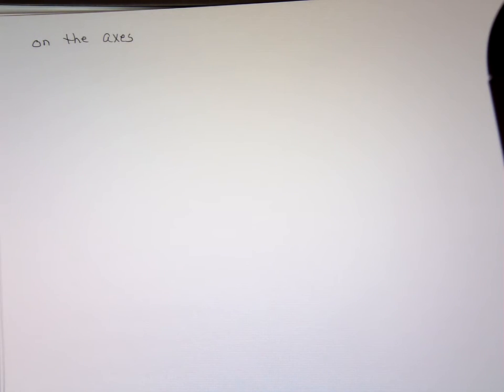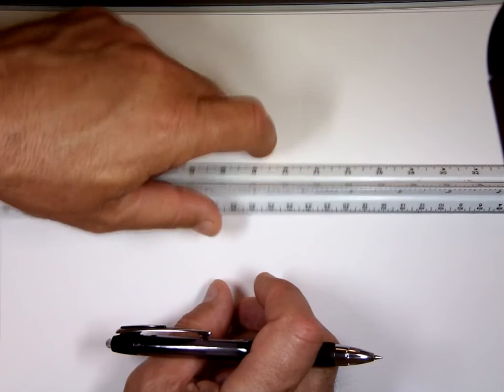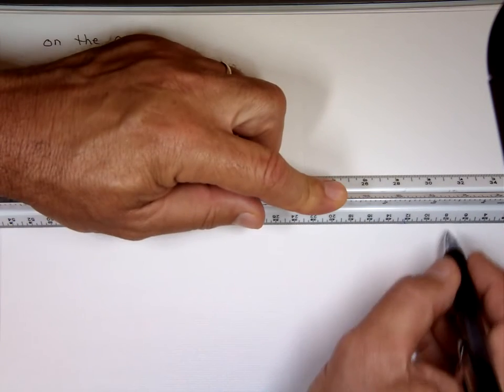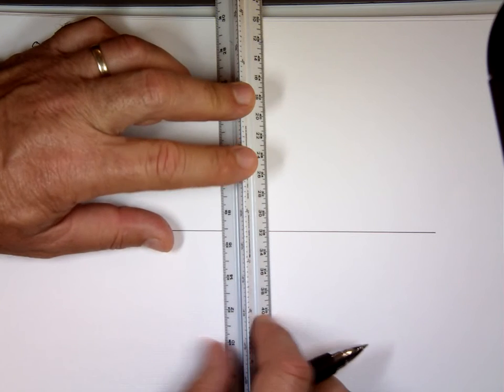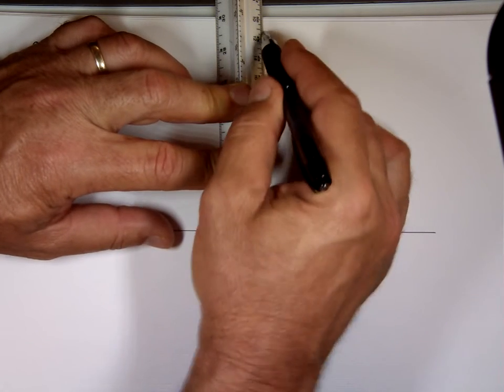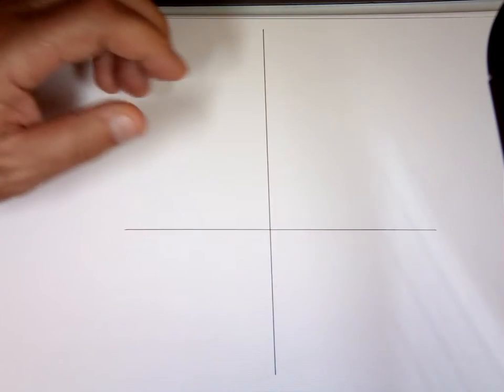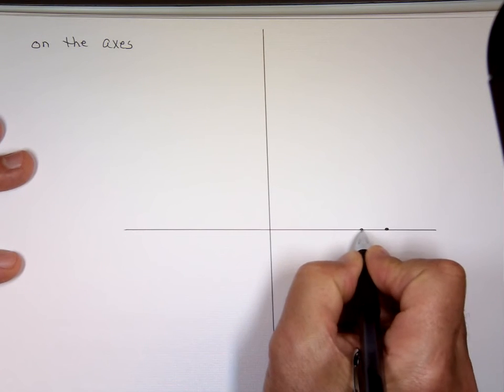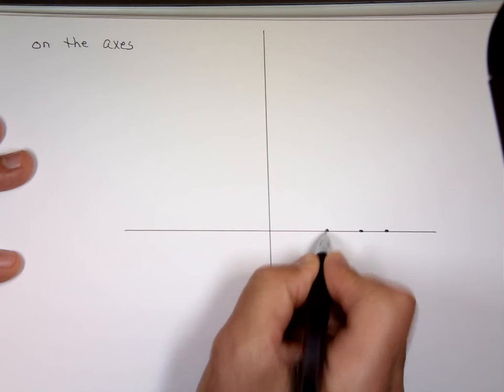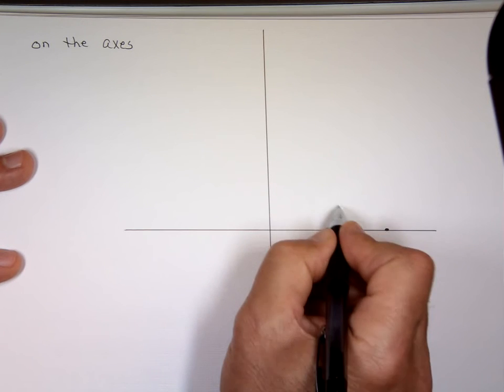If the point is right here on the x-axis, I'm just doing some points there. What will happen here? The cosine will equal to 0.